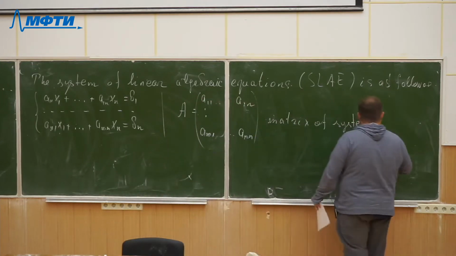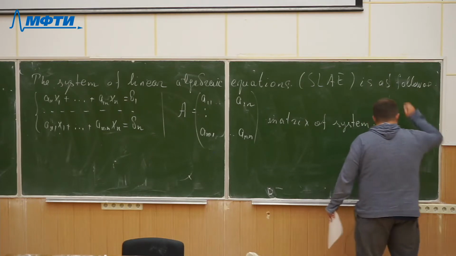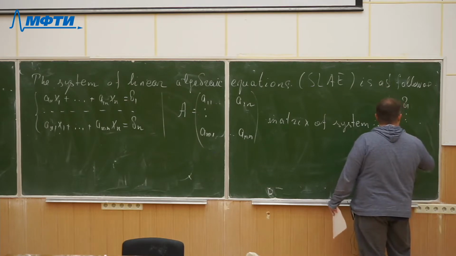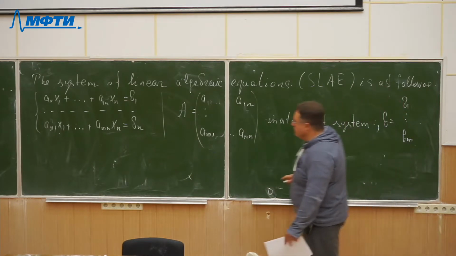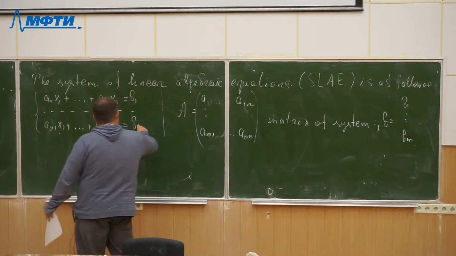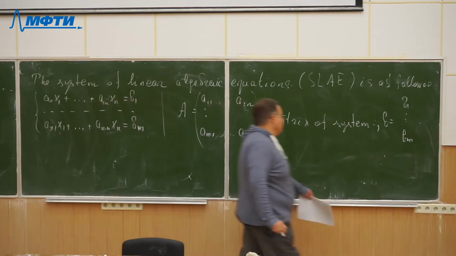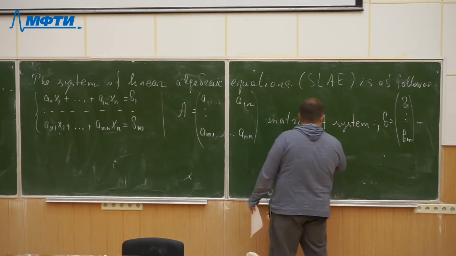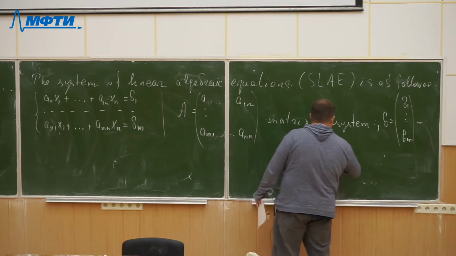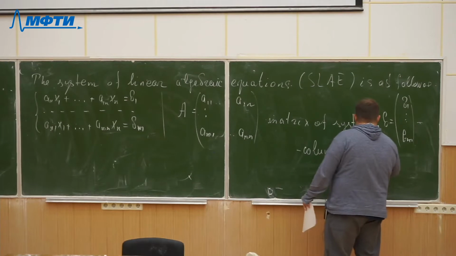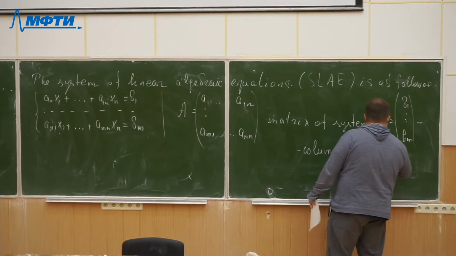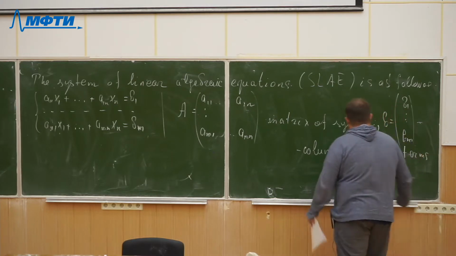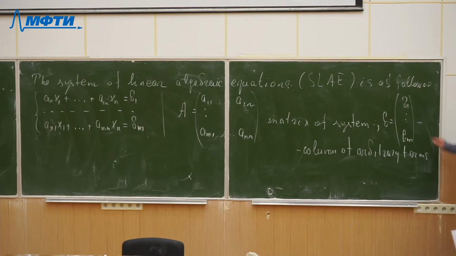Let's introduce the column B equals b sub 1 etc. b sub m. It's named the column of arbitrary terms.